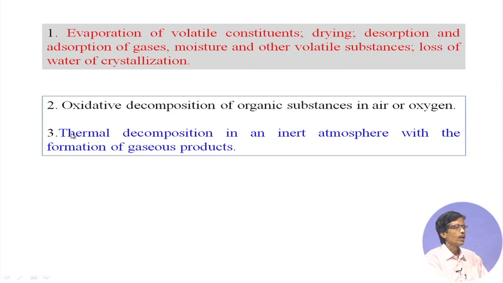Then we can have thermal decomposition if we go for this in an inert atmosphere with the formation of gaseous product. So, what are the differences between these two? In decomposition of organic substances in air, we are deliberately looking for oxidative decomposition, burning the material in the presence of oxygen.